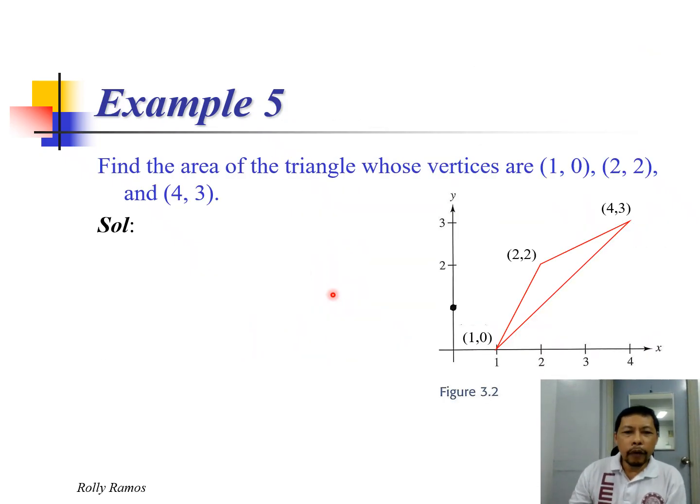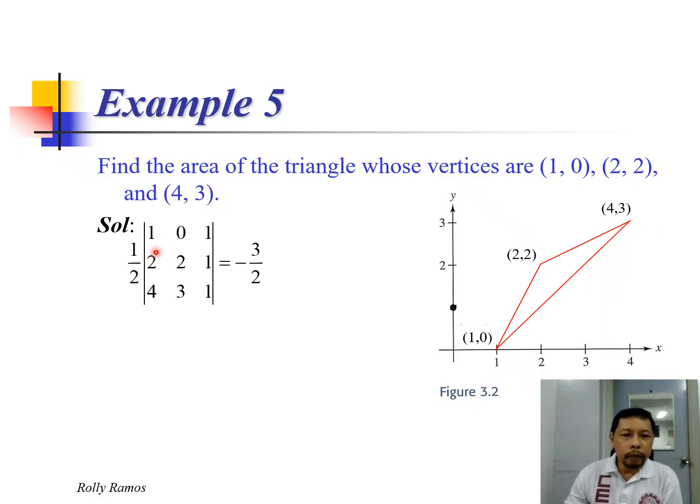Example: find the area of the triangle whose vertices are these 3 points here, (1, 0), (2, 2), (4, 3). If you take these points in a counterclockwise direction, you will get a positive value. But if you take them in a clockwise direction, you will get a negative value.